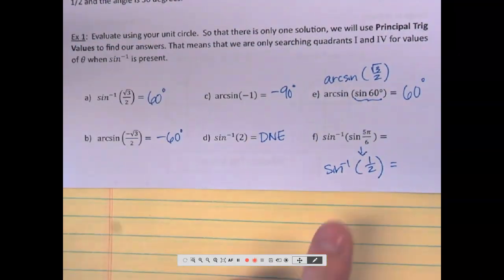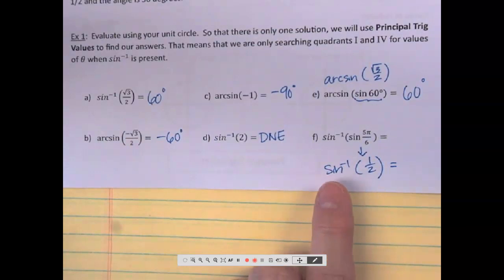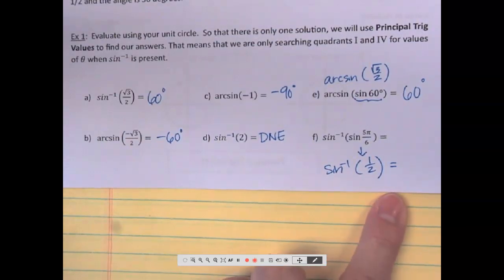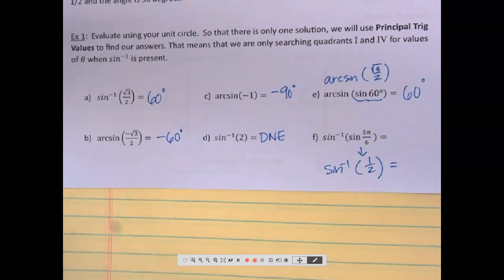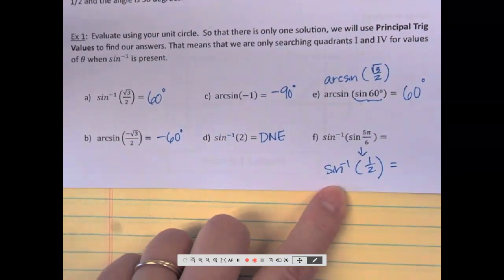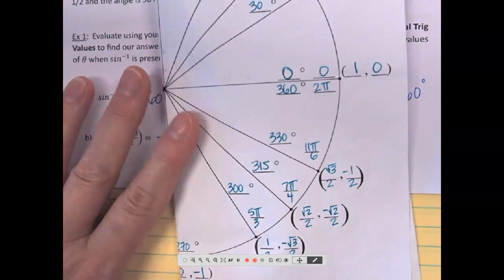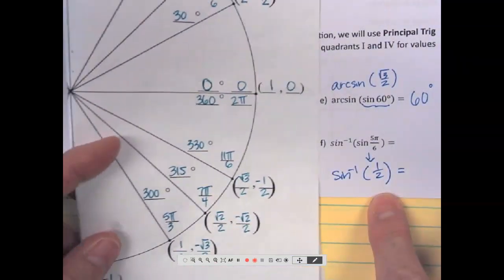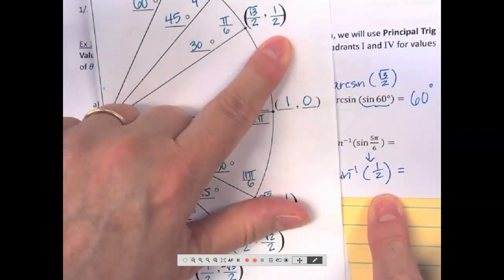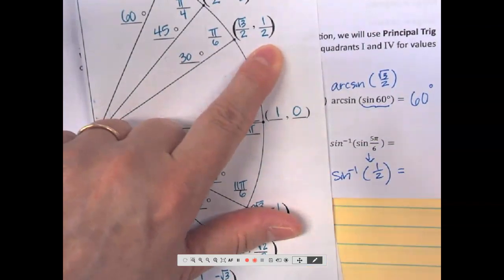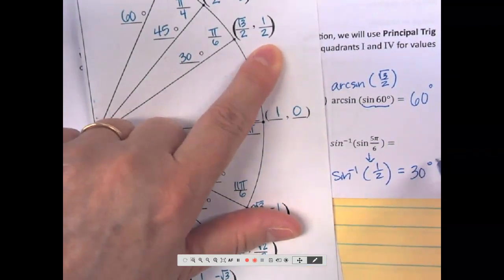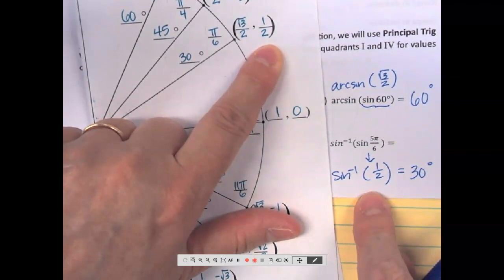Now my problem is, there's an angle whose sine is 1/2. Find the angle. Well, when I go to answer this question, now it's sine inverse, so I'm limited to just first and fourth quadrants. Find an angle whose sine is 1/2. Well, that happens here. So this answer is actually 30 and not 5 pi over 6.